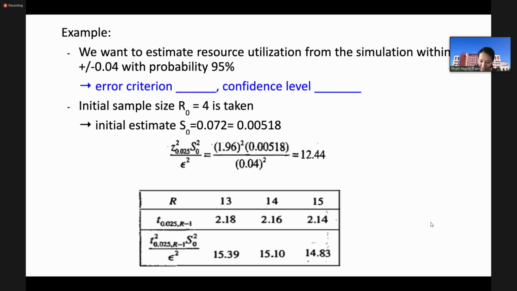All right, we see that this is our R, right? We can do a very quick estimation. Let's say we have some R. This is the number of replications we want to know.